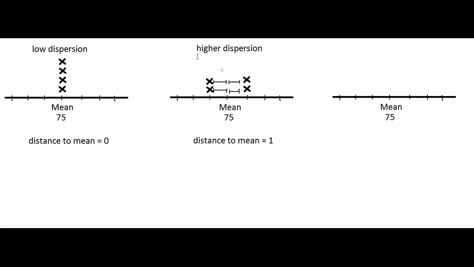So this would be a -1. Well, actually we'll leave off the signs, because if we leave off the signs, then they become absolute deviations.